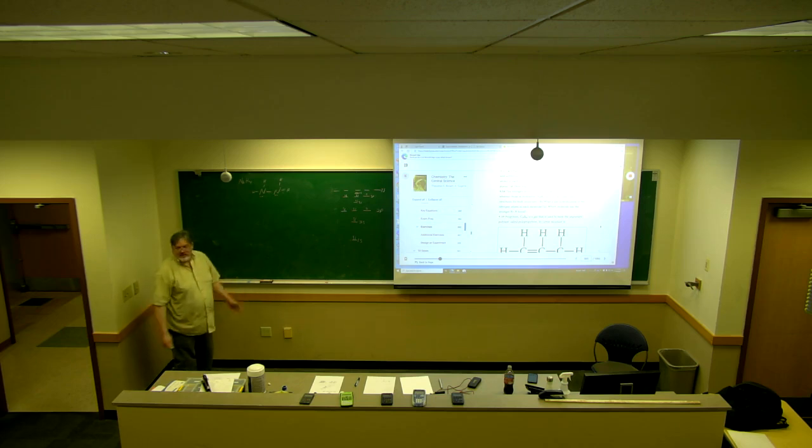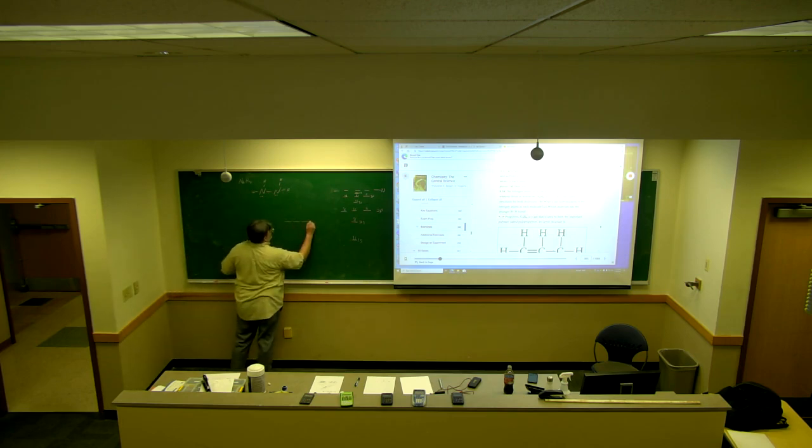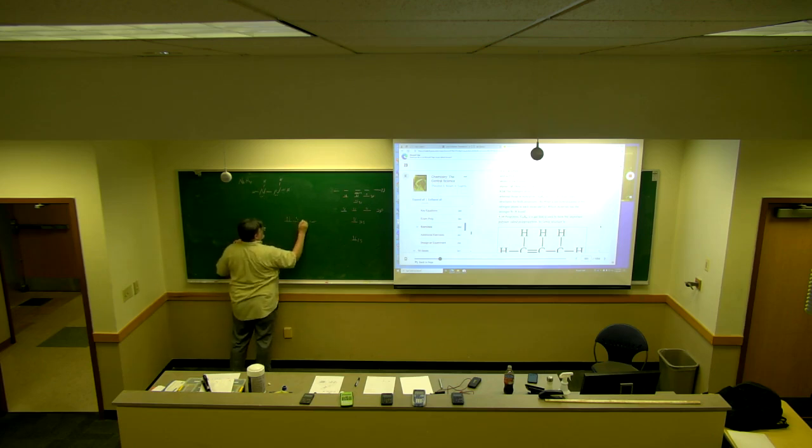The ends are the same, so what's the hybridization around nitrogen? sp3. 4 things around it, so it's sp3. So both nitrogens will look like that. You got to get 5 valence electrons in there. One of them is a pair, and the other ones are single electrons. So the nitrogens look like that.